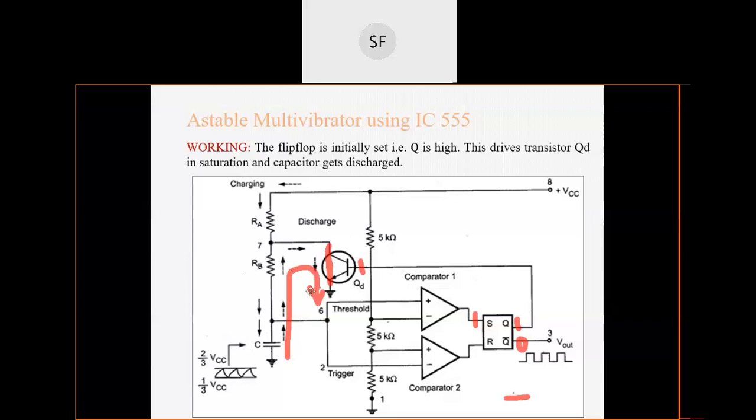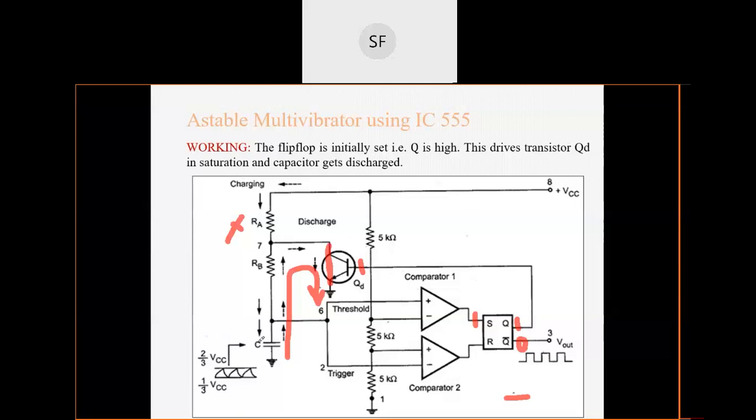So while discharging, your discharging current will flow from capacitor and RB. It is not flowing from RA. This is an important observation.